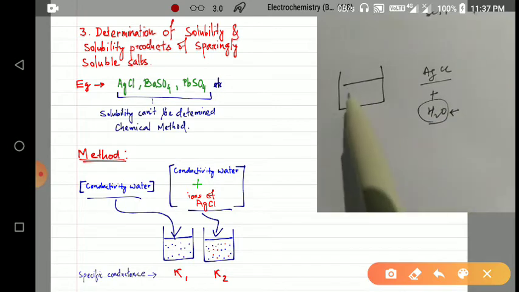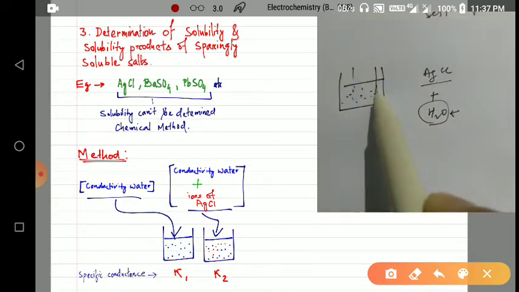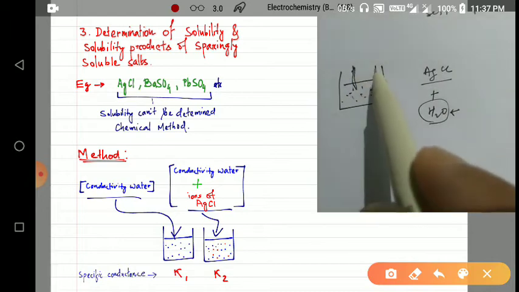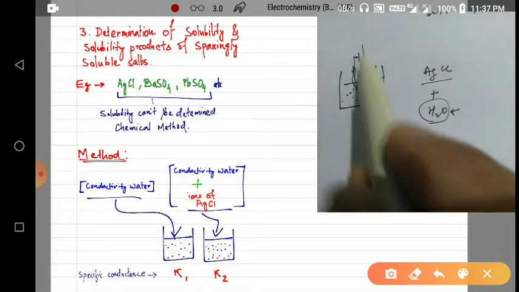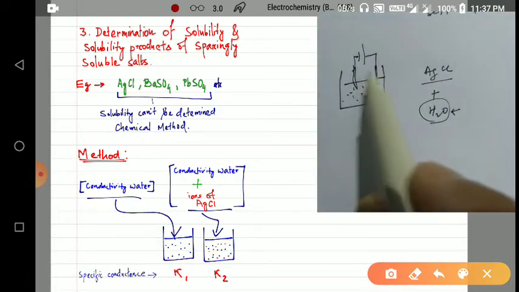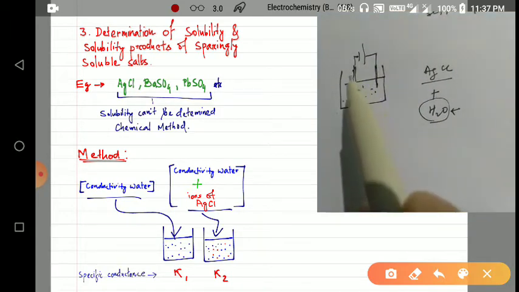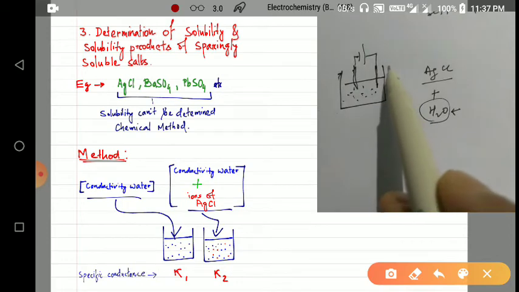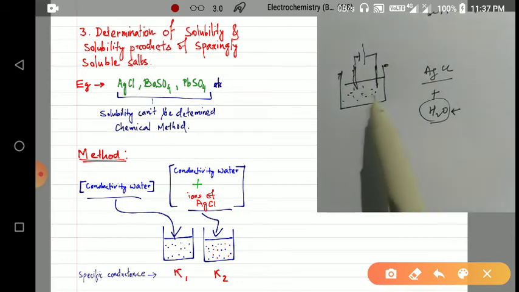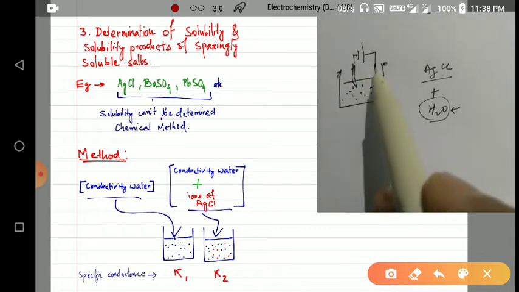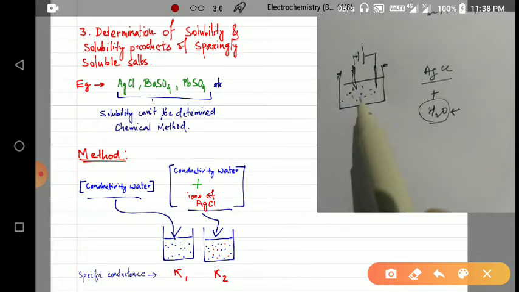So first take some water which is impure, and we can calculate its specific conductance by simply inserting two electrodes inside that water.